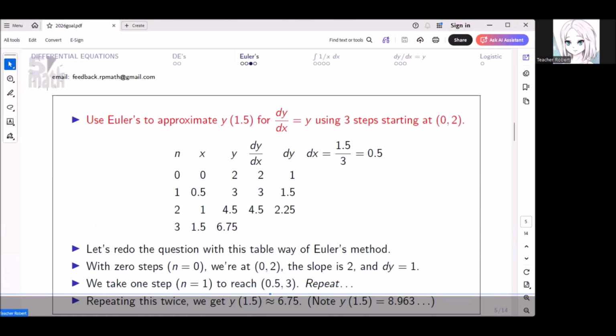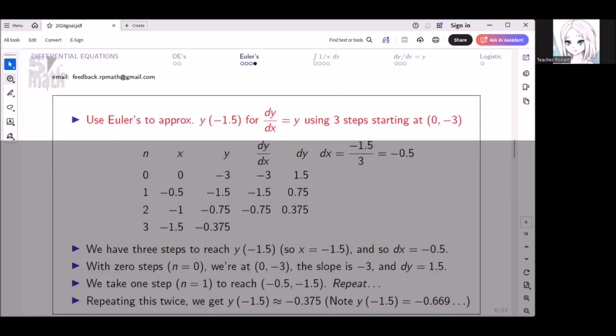We take 1 step, n equals 1, to reach (0.5, 3). Repeat. Repeating this twice, we get y of 1.5 approximately 6.75. Note y of 1.5 equals 8.963 and so on.